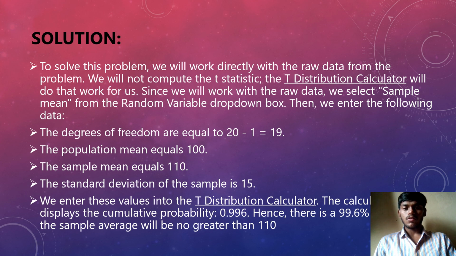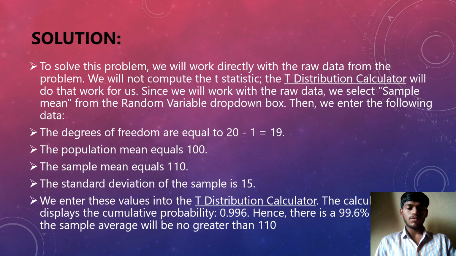Since we will work with the raw data, we select sample mean from the random variable drop-down box. Then we enter the following data. The degrees of freedom are equal to 20 minus 1, which is 19. The population mean is equal to 100. The sample mean is equal to 110.